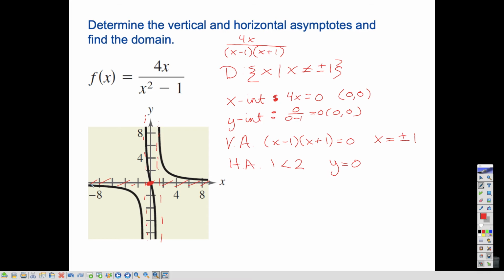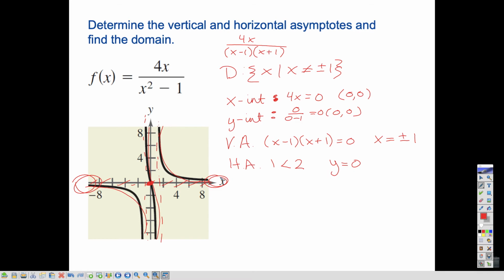Now, this picture has a middle piece and 2 side pieces. You can't have a horizontal and a slant at the same time. You have a horizontal or you have a slant. Because horizontal, remember, only affects out here and out here. Nothing in the middle.